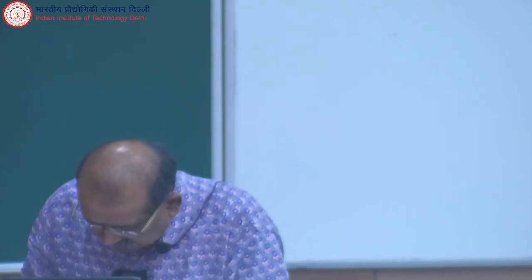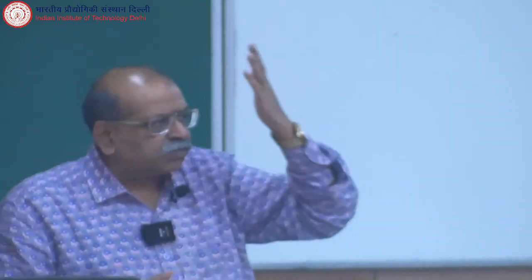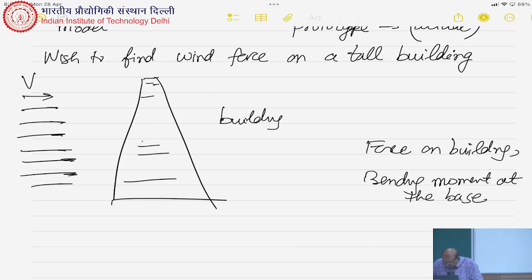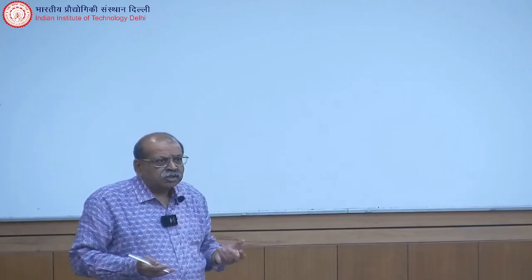There's wind blowing with velocity v past a building, and we wish to find, let us say, the force on the building, or we may also wish to find the bending moment at the base of the building, so that we design the building according to that.